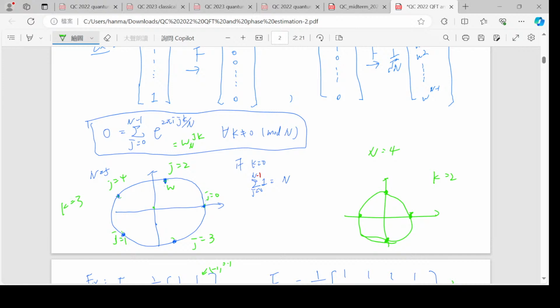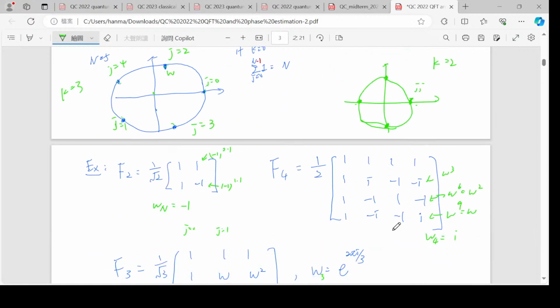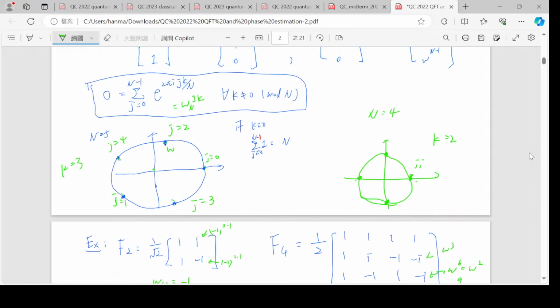So you are going to jump between those 2 points. j equal to 0 will be here, and j equal to 2 will be here. Then j equal to 1 and j equal to 3 give the other points, so it's this whole column. So this point is j equal to 0, 2, and this is j equal to 1, 3.